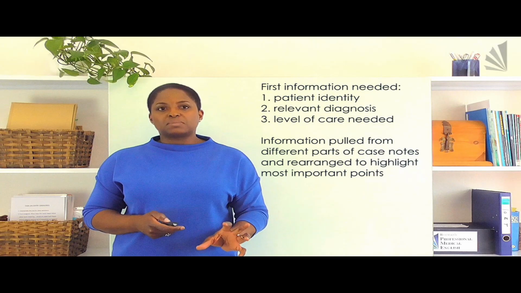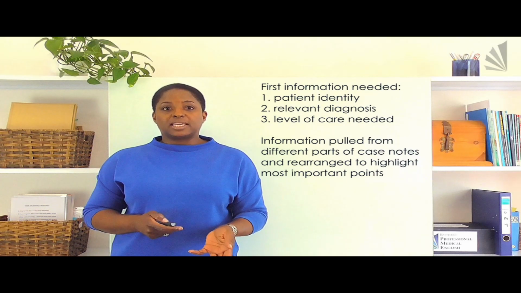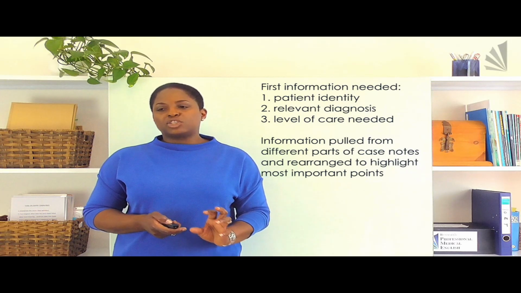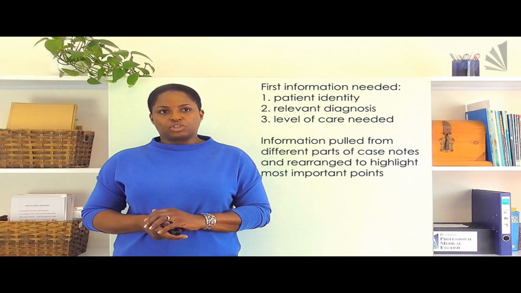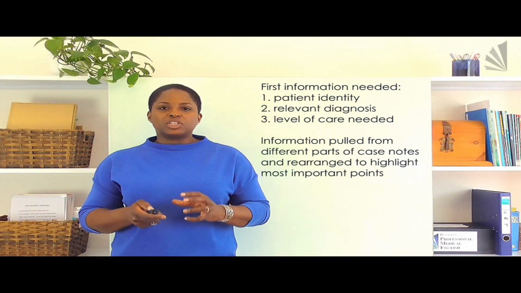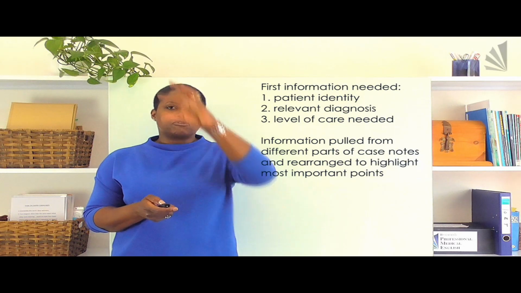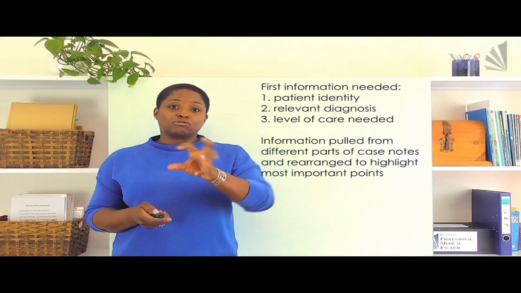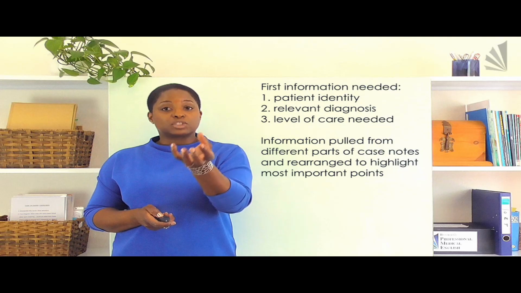Medical diagnosis might come after examination findings and investigations, and management recommendations might also come after lab results and medications. So information in your letter would have been pulled from different parts of very detailed case notes and rearranged to highlight the most important aspects for you.